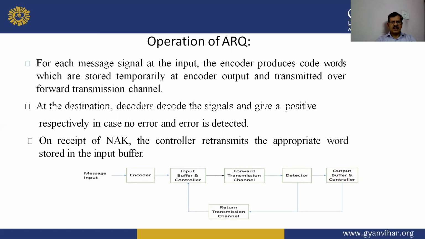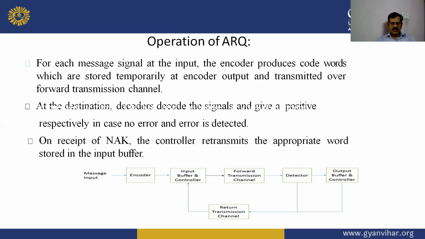At the destination, the decoder decodes the signal and gives a positive acknowledgment (ACK) in case of no error, and a negative acknowledgment (NAK) when an error is detected. On receipt of NAK, the controller retransmits the appropriate word stored in the input buffer.